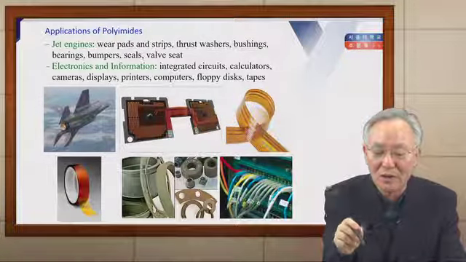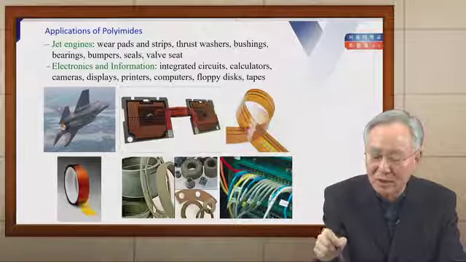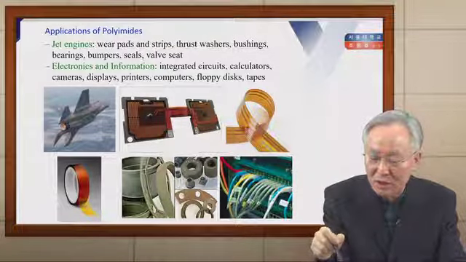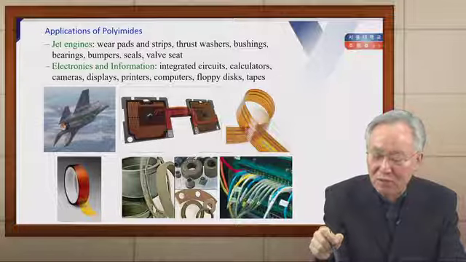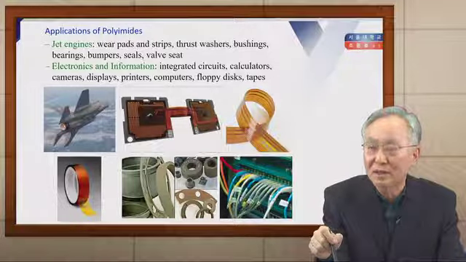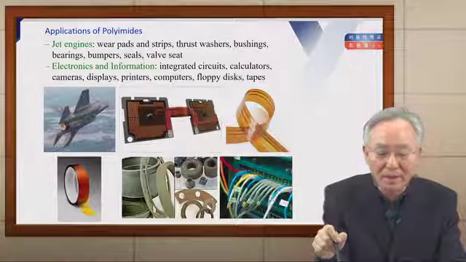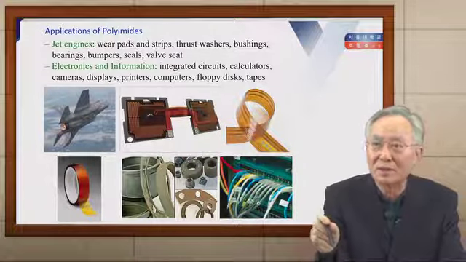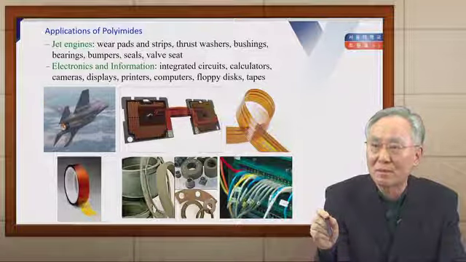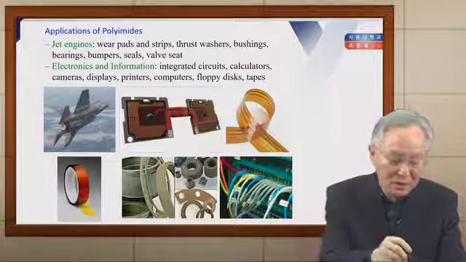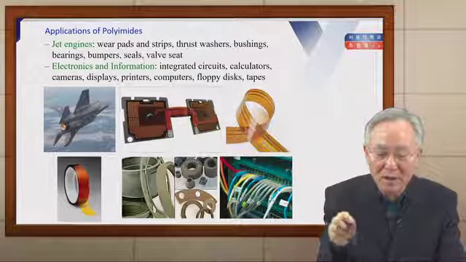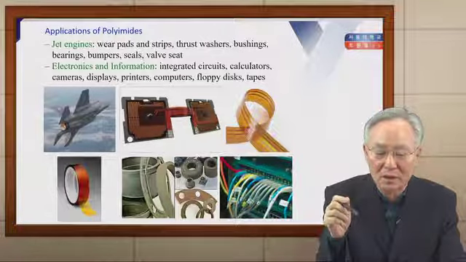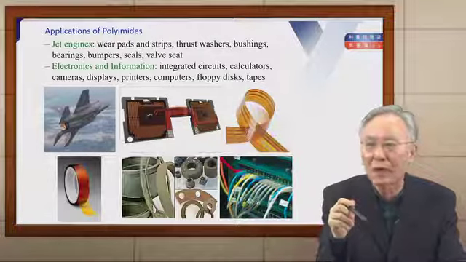For example, the integrated circuit is printed onto polyimide film, and also calculators, cameras, displays, printers, computers, floppy disks, and tapes. So all of these applications are successful when you use polyimides.